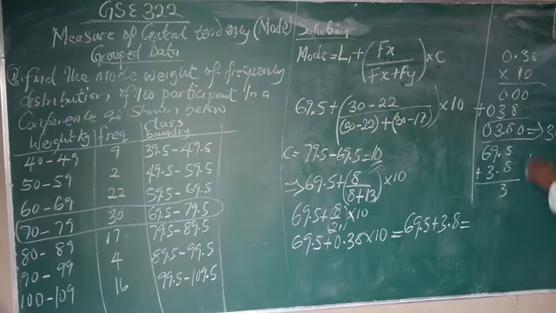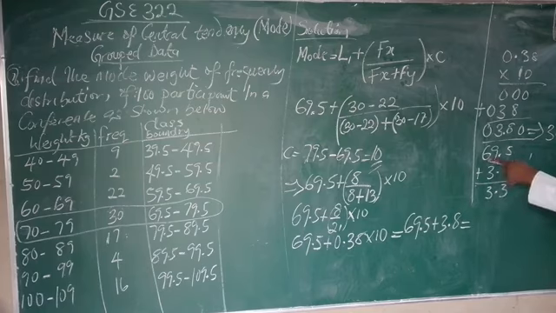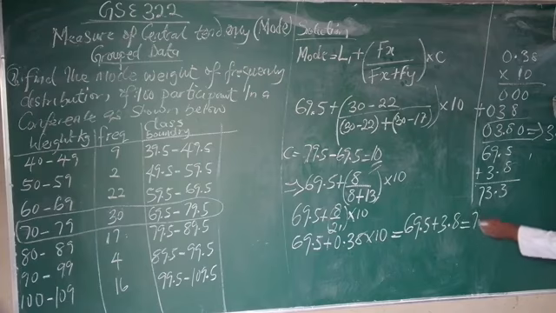Then we write 3, we carry 1, and we put our dot. Then 9 plus 3 is going to give us 12, plus 1 is 13. We also write 3, we are carrying 1. 6 plus nothing here is 6, plus 1 is 7. Therefore, our result here is 73.3 kg.